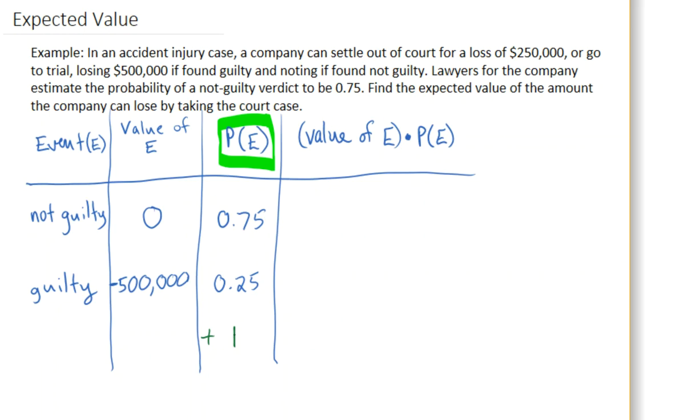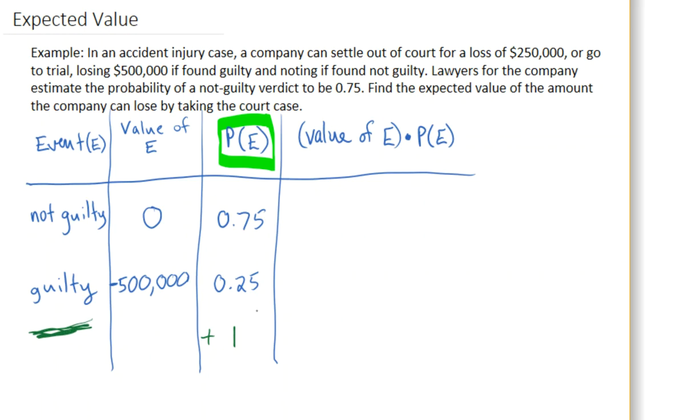So this column should always add to 1. If it doesn't add to 1, you've left out one of your events over here. I always encourage people to check: are you adding to 1? If so, you're ready to go. If not, then there's something you haven't considered.